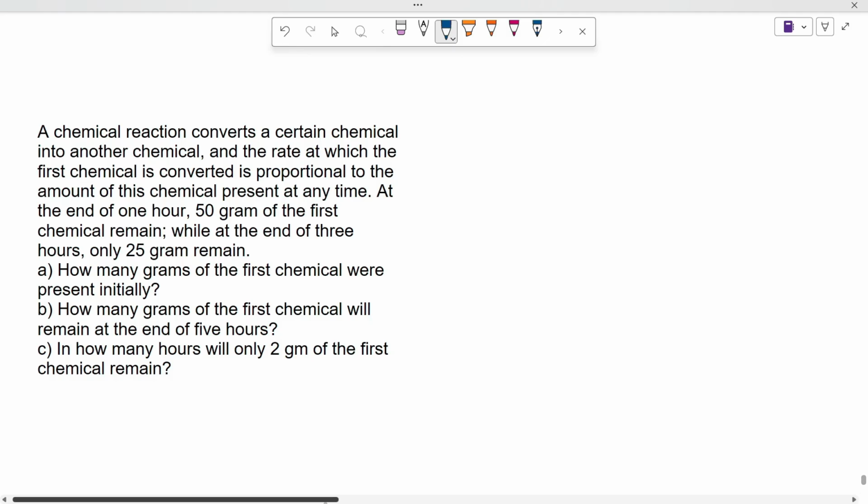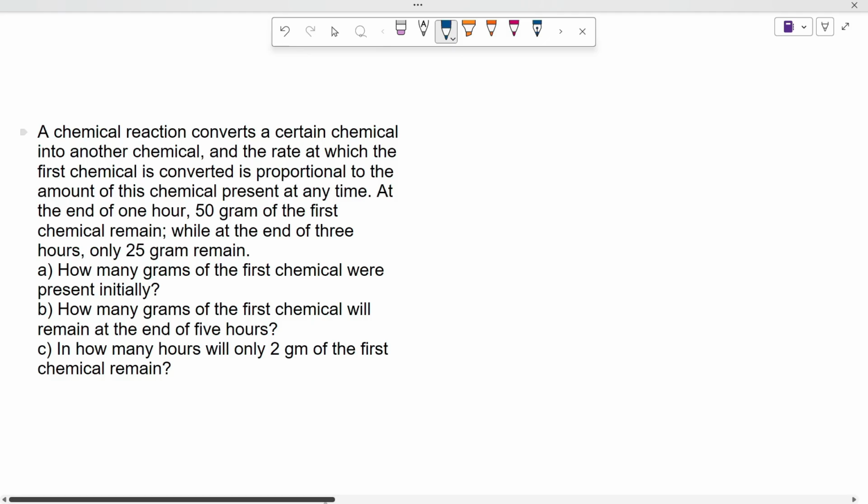Oh game. So chemical reactions naman. So gagamit tayo ng variable x. A chemical converts a certain chemical into another chemical, and the rate at which the first chemical is converted is proportional to the amount of this chemical present at any time.